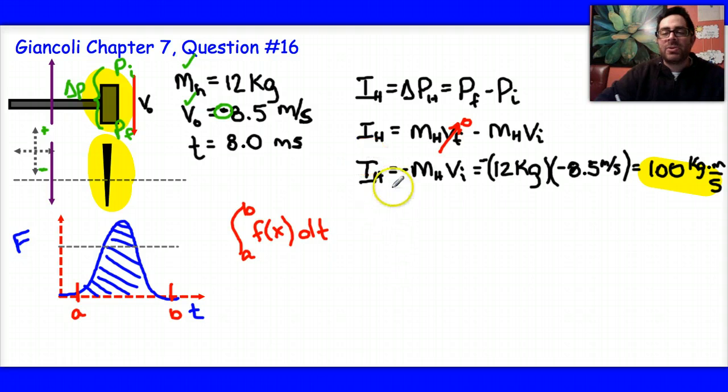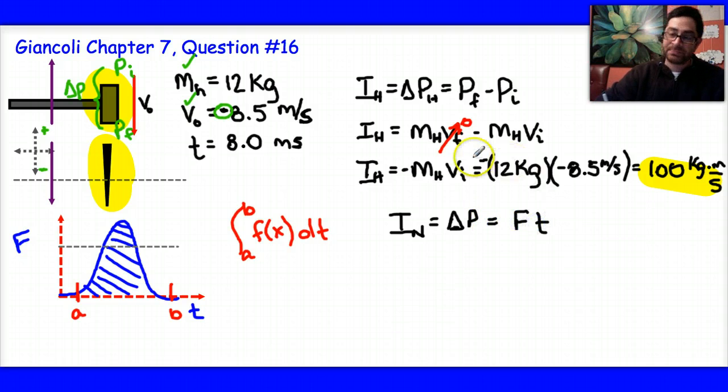We can simply use the impulse momentum theorem to say, all right, well, the impulse delivered on the nail by the hammer is going to be equal to the change in momentum, but more importantly, impulse is also equal to force times time. So I was immediately drawn to this because the definition of impulse in terms of force and time gives me this quantity of force that really is what I'm looking for.